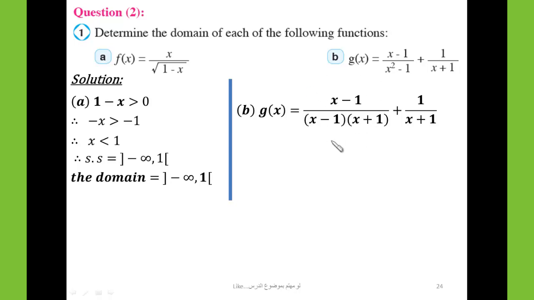The domain of the first fraction is R minus 1 and negative 1, and the domain of the second fraction is R minus negative 1, because negative 1 makes the denominator equal 0. So the domain equals R minus 1 and negative 1.